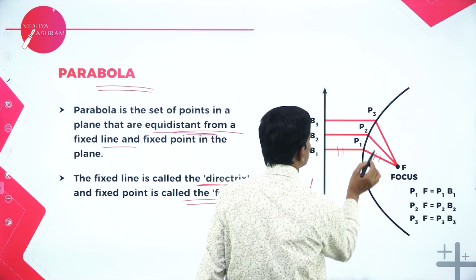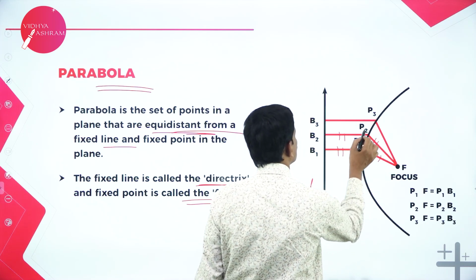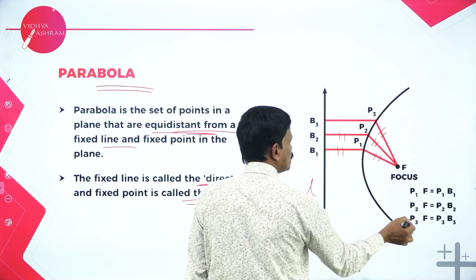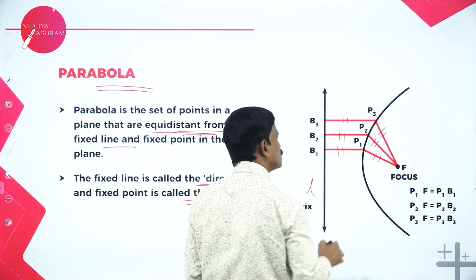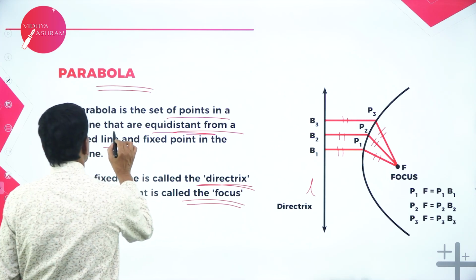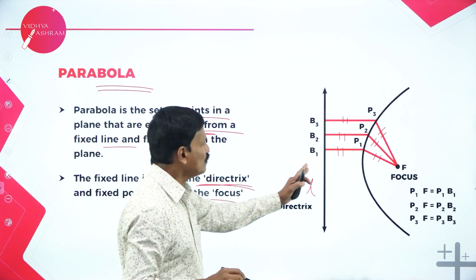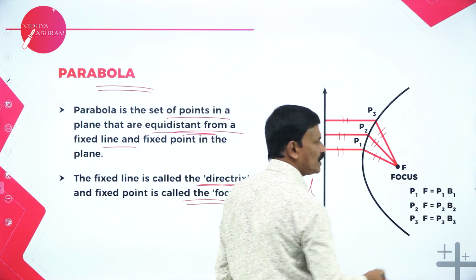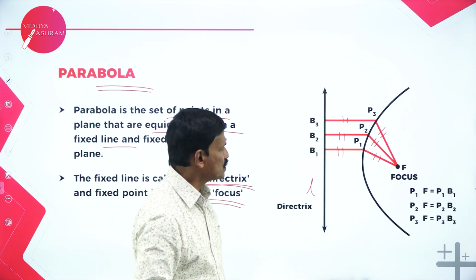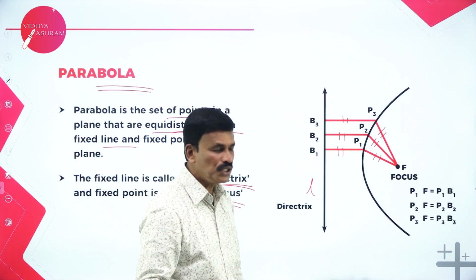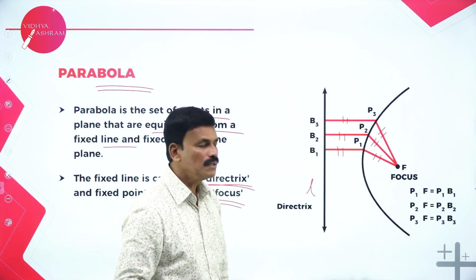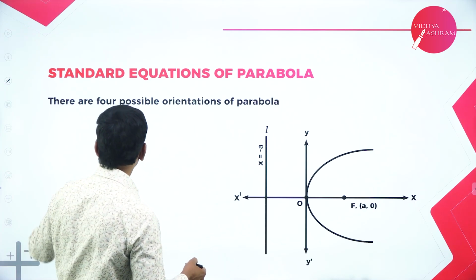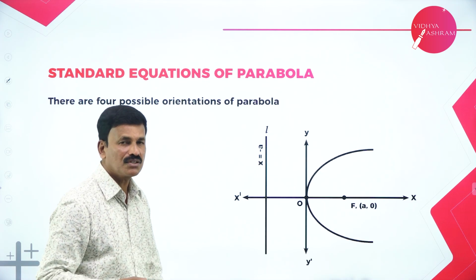Similarly, the distance from P2 to F is also equal to P2B2, and the distance from P3 to F is also equal to P3B3. So the set of points in a plane are equidistant from the fixed point and the fixed line: P1F is equal to P1B1, P2F is equal to P2B2, and P3F is equal to P3B3.